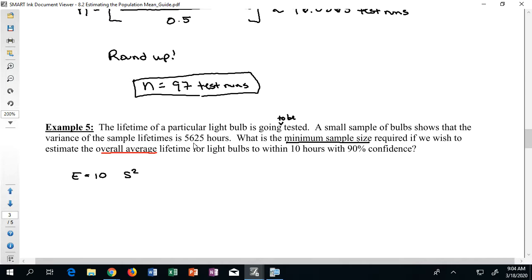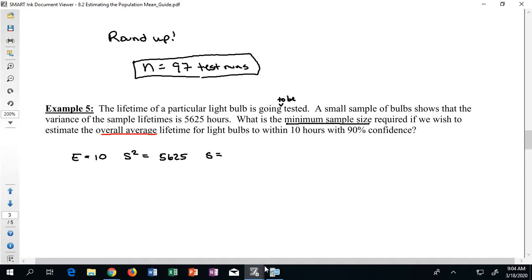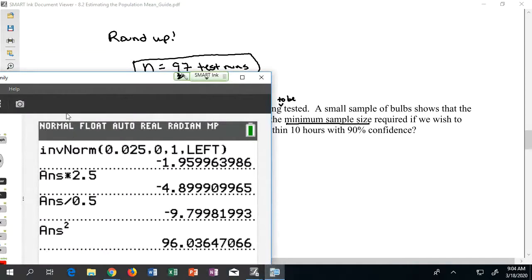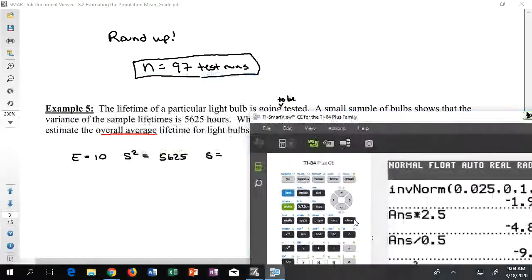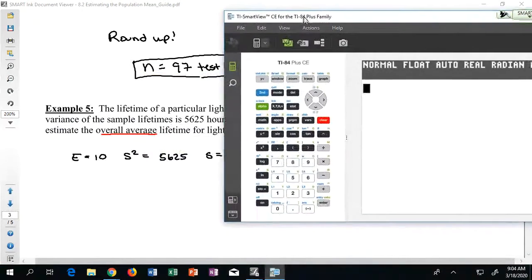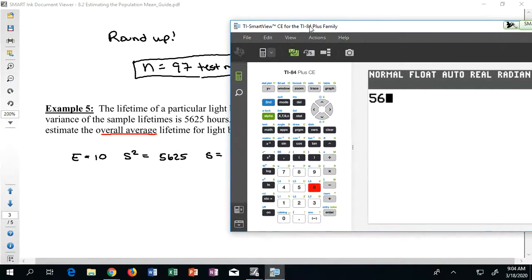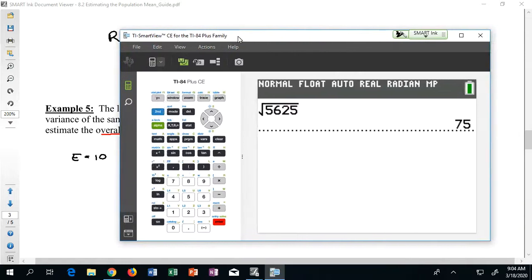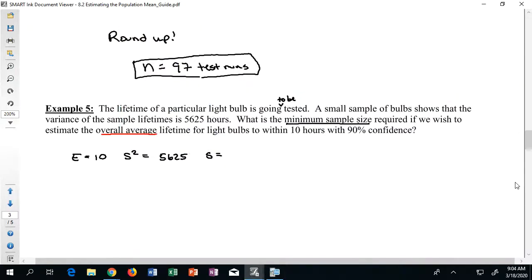I'm told that my sample variance, which is S squared, is equal to this much. But of course, that means I need to find what S is. An easy way to go from a value of S squared to a value of S would be to take this value of 5,625 and square root it. And if I do that, I get 75.